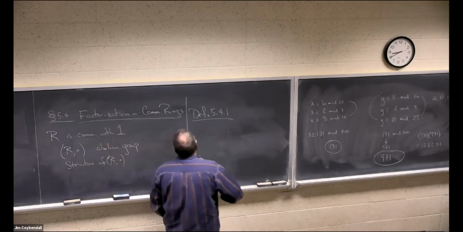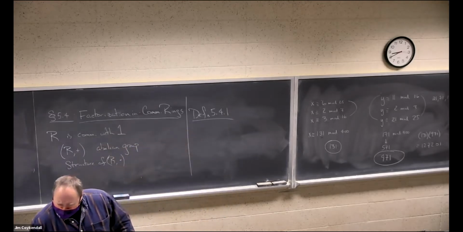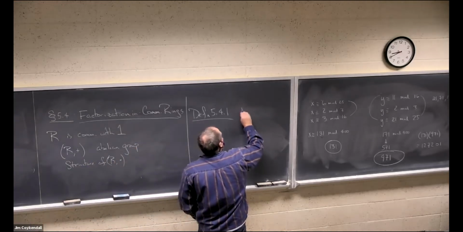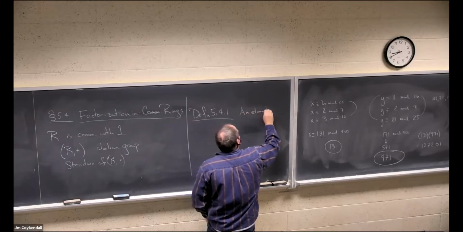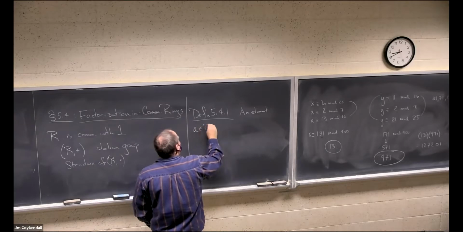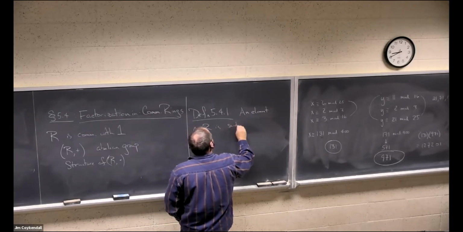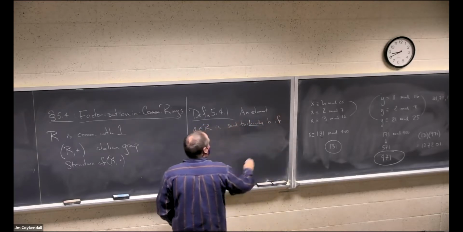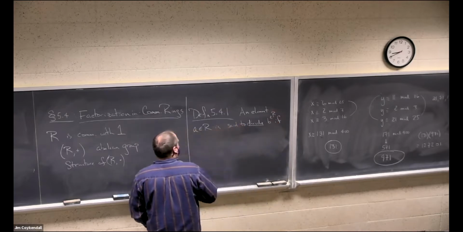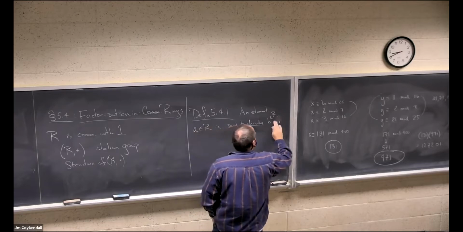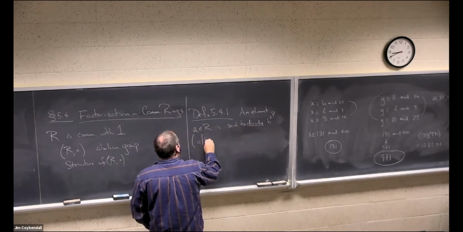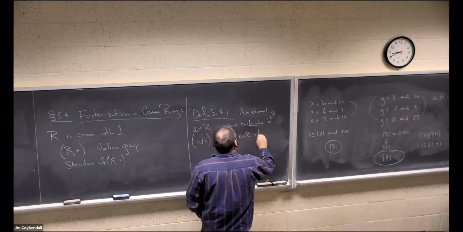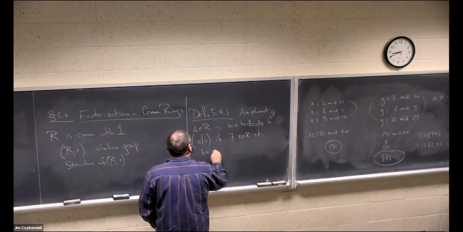A non-zero element a in R divides b in R, and sometimes we write a divides b, if there exists x in R such that b equals ax.